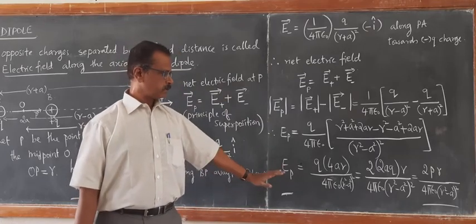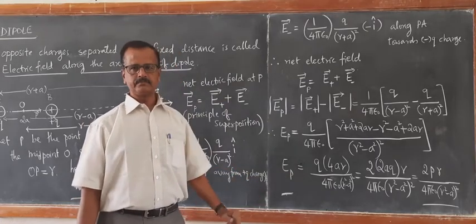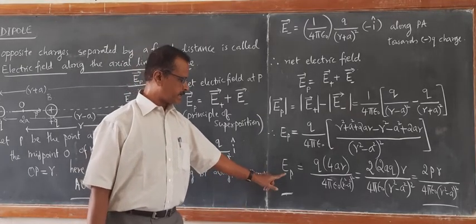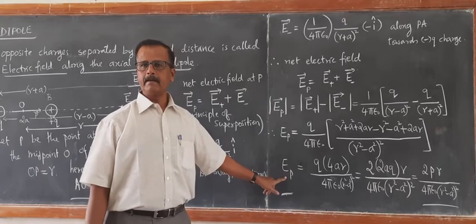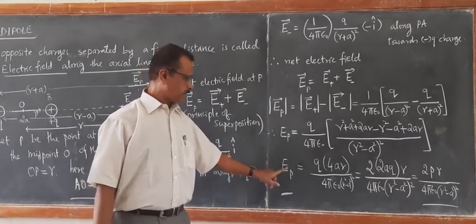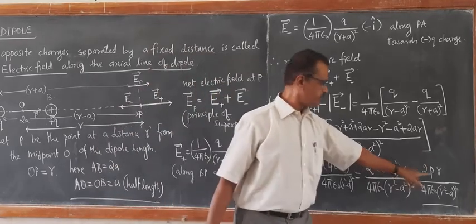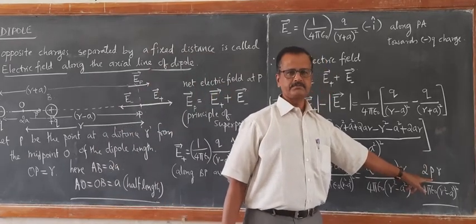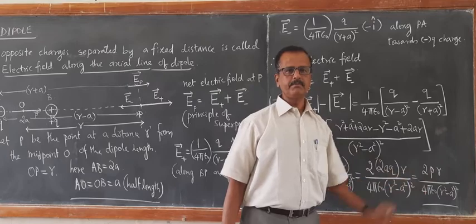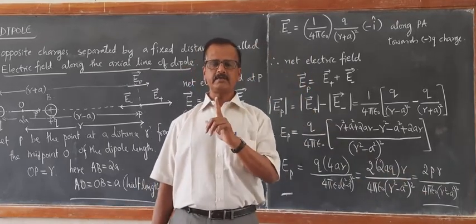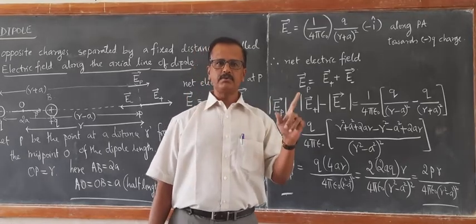Okay. So now we will assign what is the direction. It is quite clear from this. If you look at this, the electric field is being a vector quantity. The direction of electric field will be along the direction of P vector, along the direction of dipole moment. As I stated earlier, the dipole moment is always directed from negative charge to positive charge.